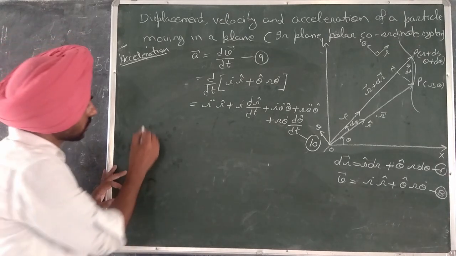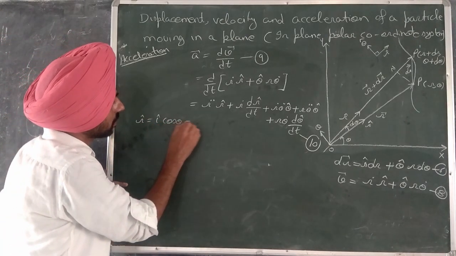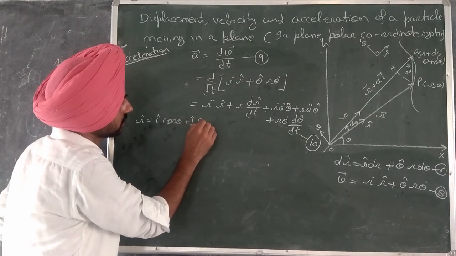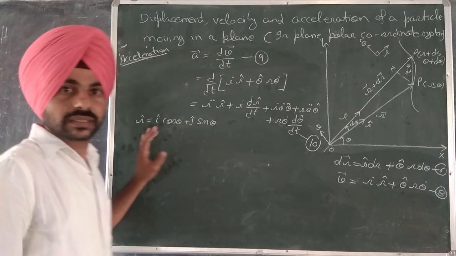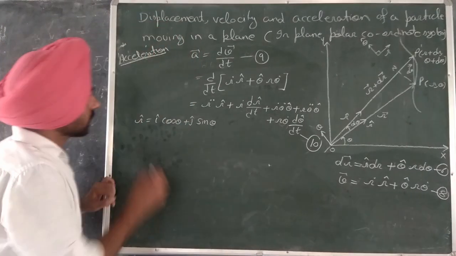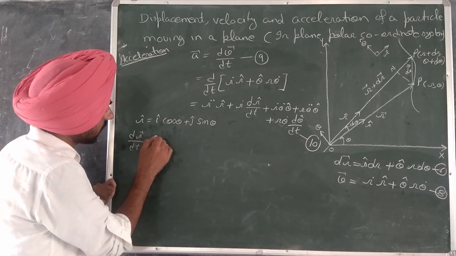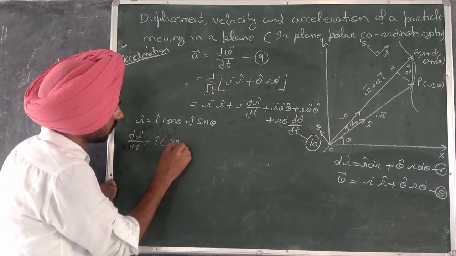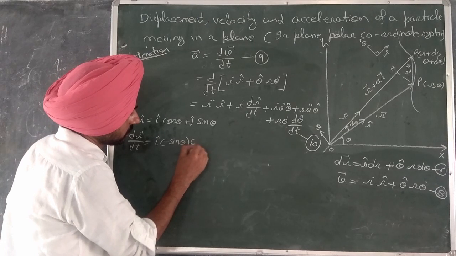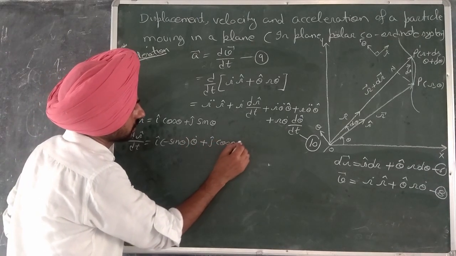So first, we know r cap is I cap cos theta plus j cap sin theta. You can see the previous lecture for this. So now dr cap by dt is I cap minus sin theta into theta dot plus j cap cos theta into theta dot.